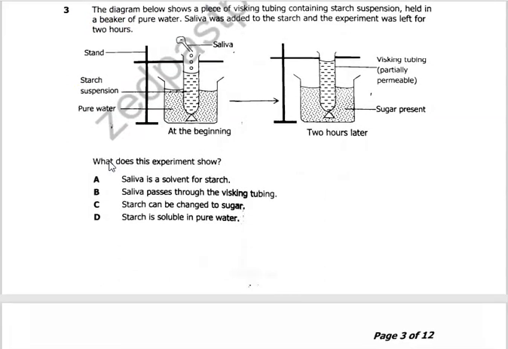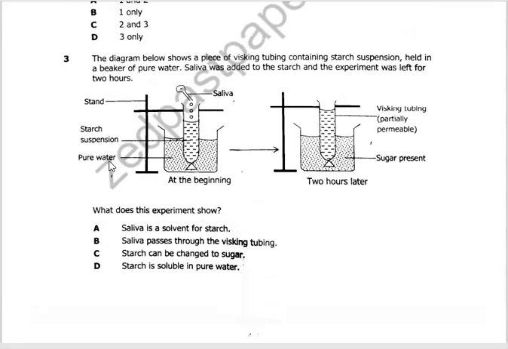This particular question is coming from osmosis. Like I told you, this is how things are going to be arranged, even for you. They're saying the diagram below shows a piece of vacuum tubing containing starch suspension held in a beaker of pure water. Saliva was added to the starch and the experiment was left for 2 hours.